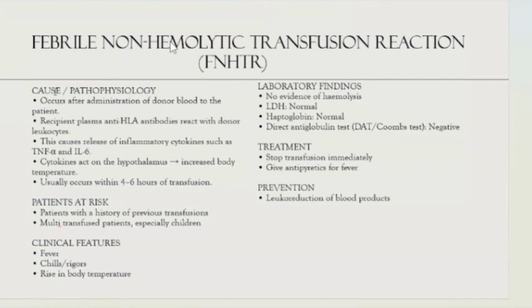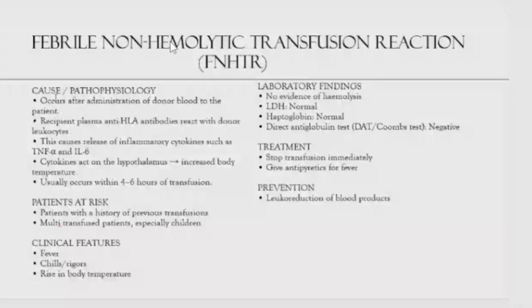So the major cause or the pathophysiology of this is that, as the doctor said, there is anti-HLA antibody. Whenever we give this donor's blood to the patient, in our recipient's body there is plasma anti-HLA antibody, and this plasma anti-HLA will go and bind to the donor WBC.